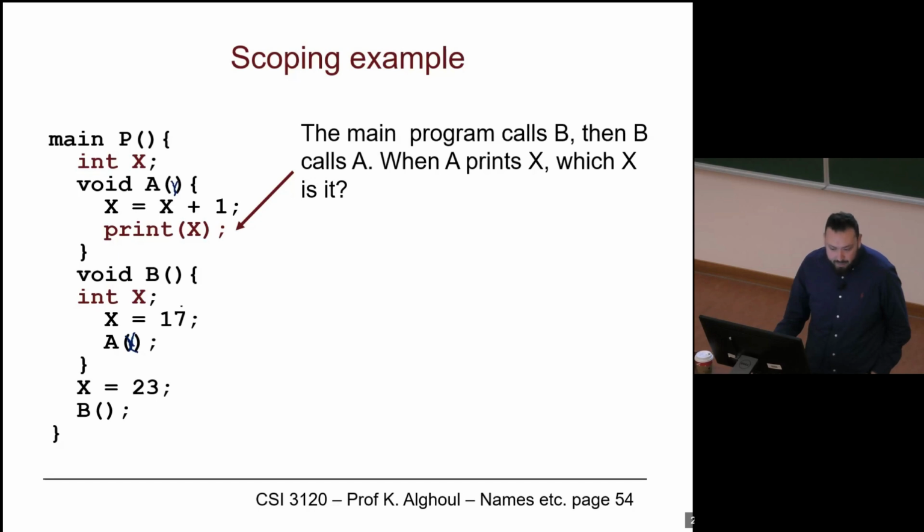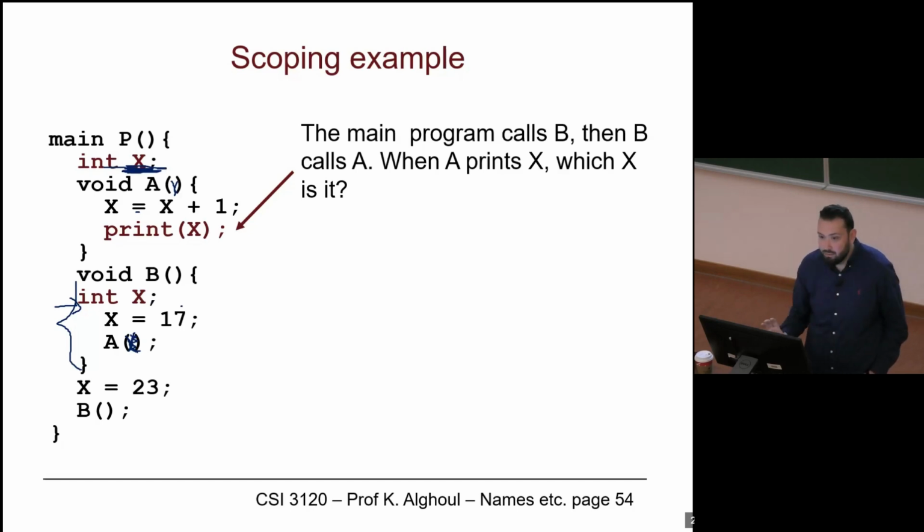This B. So it's going to be 17 plus 1. But I'm not passing X. I'm just calling A. So if I'm not passing X, and this is local to only B, when I'm done with this, I'm going to go here. This is going to be the X here. Okay? So this is called static scoping.